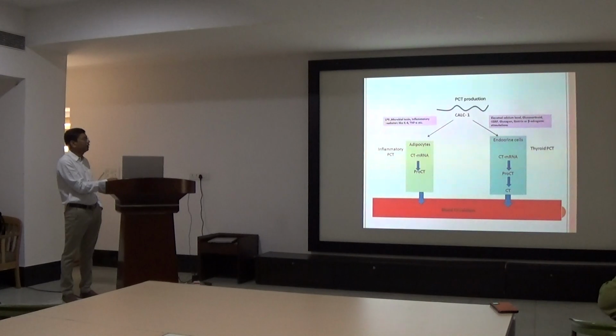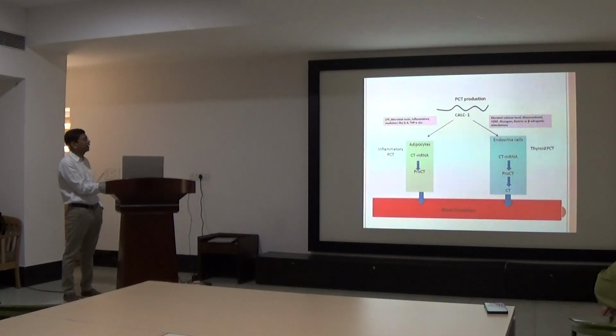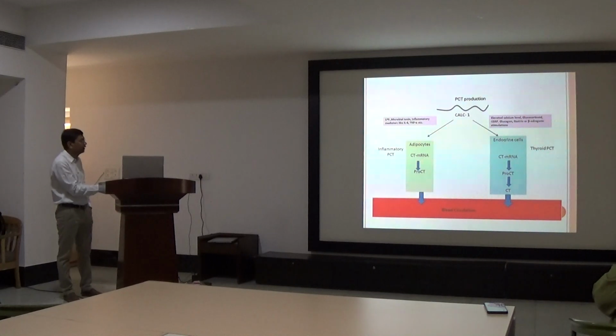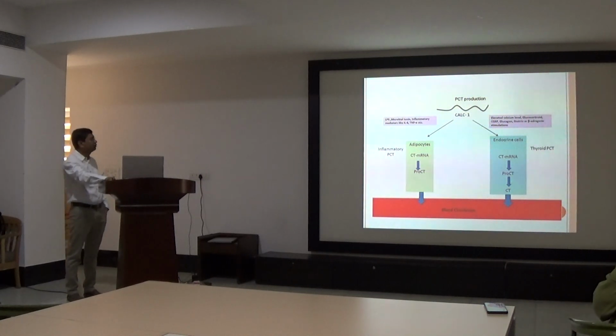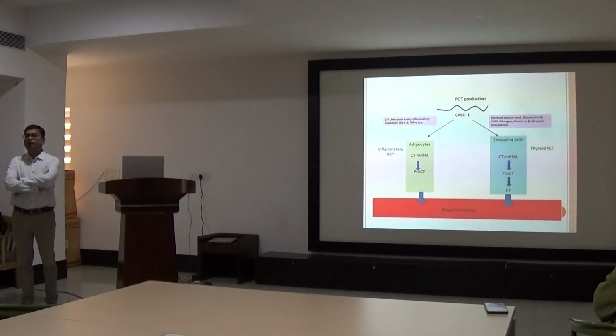But when there is an inflammatory process, when the bacteria's lipopolysaccharide membrane, microbial toxin, and inflammatory mediators like interleukin 6 and TNF alpha are present, they can cause a significant rise. You will not have procalcitonin in serum normally. Normally we do not have any. Procalcitonin is not secreted. Calcitonin is, yes.